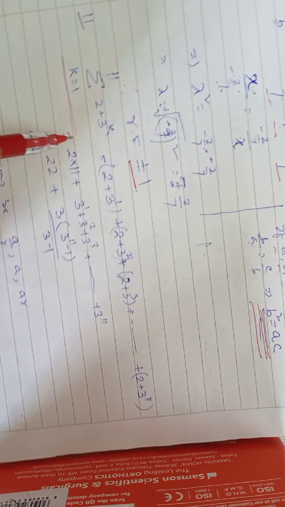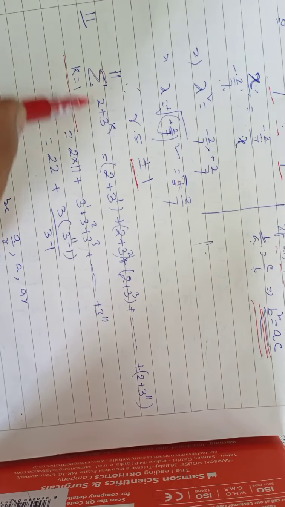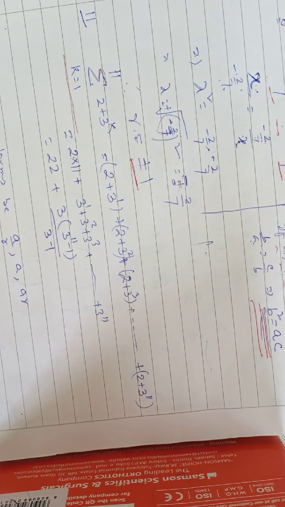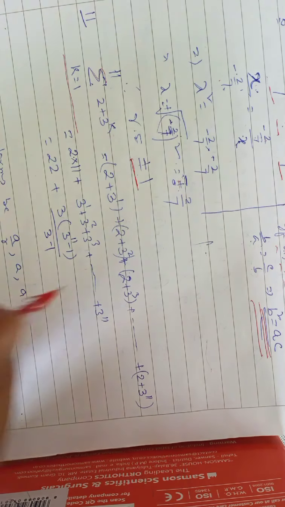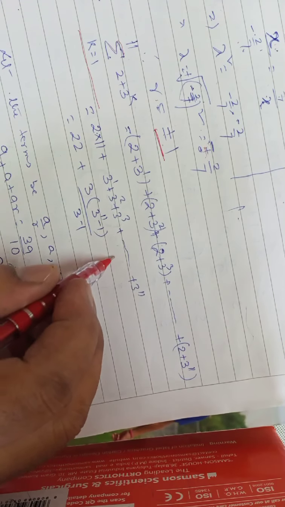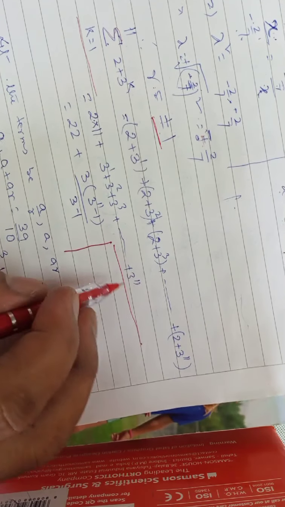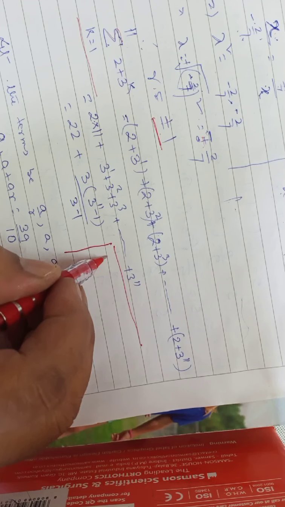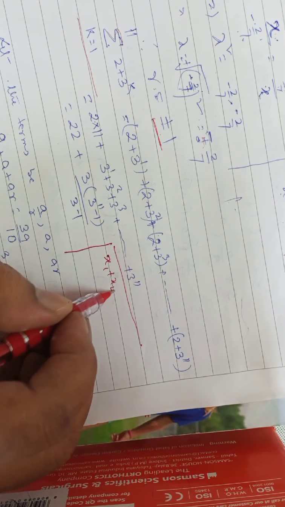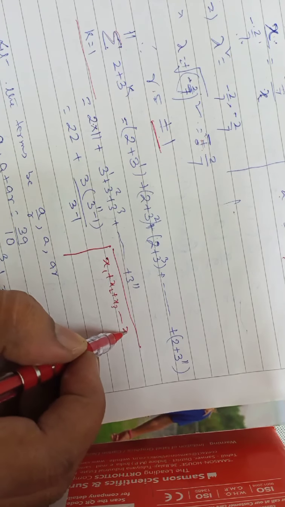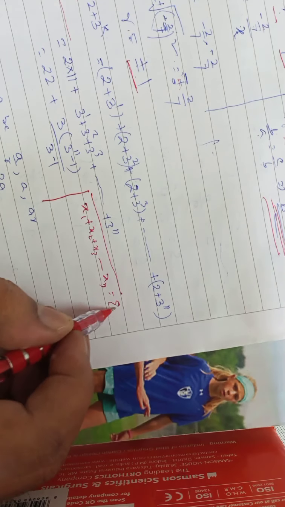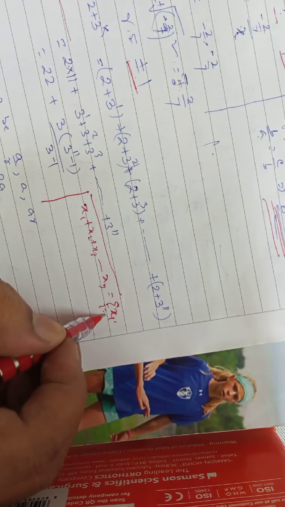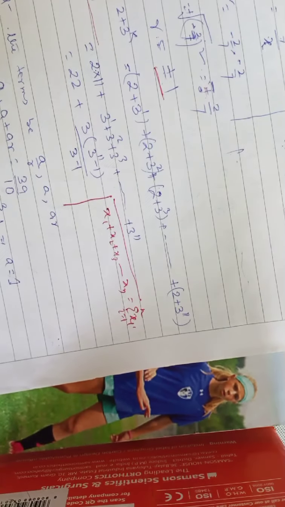Now see question number 11. Summation of a series, a summation sign is given, we have to find the value of this. How to write the summation sign and how to comment, we have already known in class. Like x1 plus x2 plus x3 up to xn, we write summation of xi, i is 1 to n.